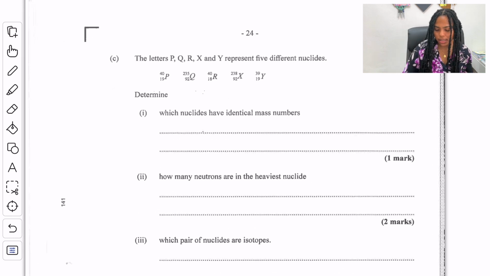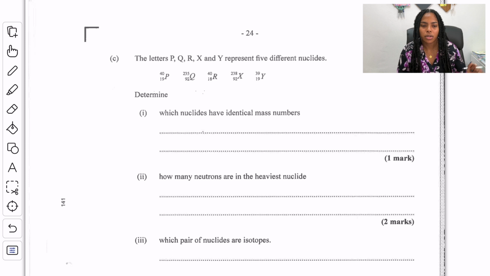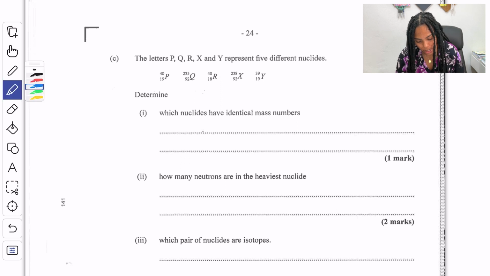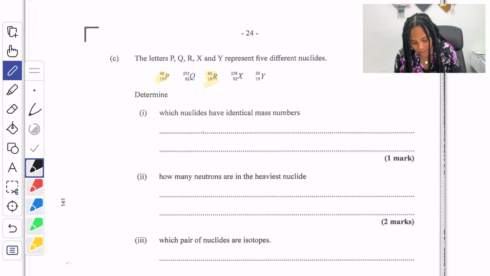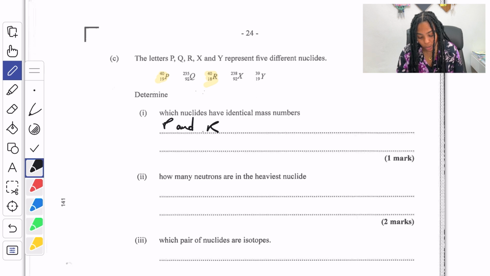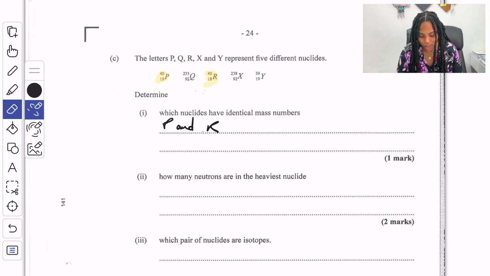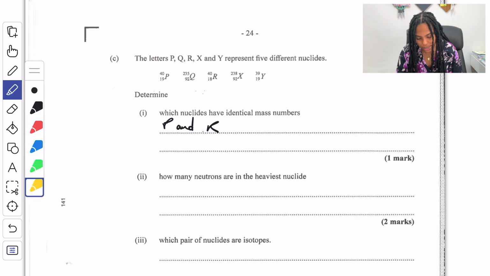Now the letters P, Q, R, X, and Y represent 5 different nuclides. Determine which have identical mass numbers. Mass numbers are the one on top. So P and R, because they both have 40 as the mass number. How many neutrons are in the heaviest nuclide? So the heaviest nuclide will be this one.